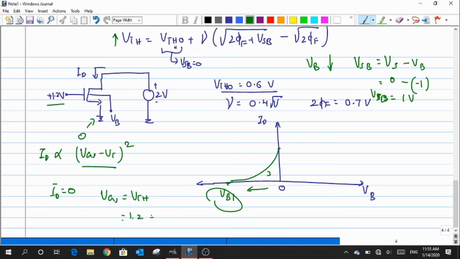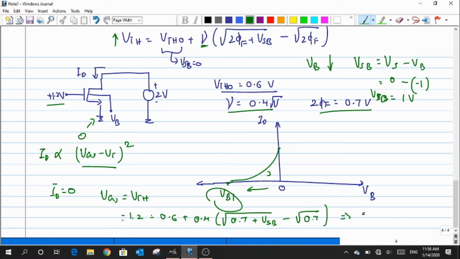I know the value of VTH0, which is 0.6, and I know gamma, which is 0.4, and the square root of 2 phi f, which is given as 0.7. I substitute that, and then I have this VSB. Later we'll write it as a negative quantity, that's fine, and then the square root of 0.7.